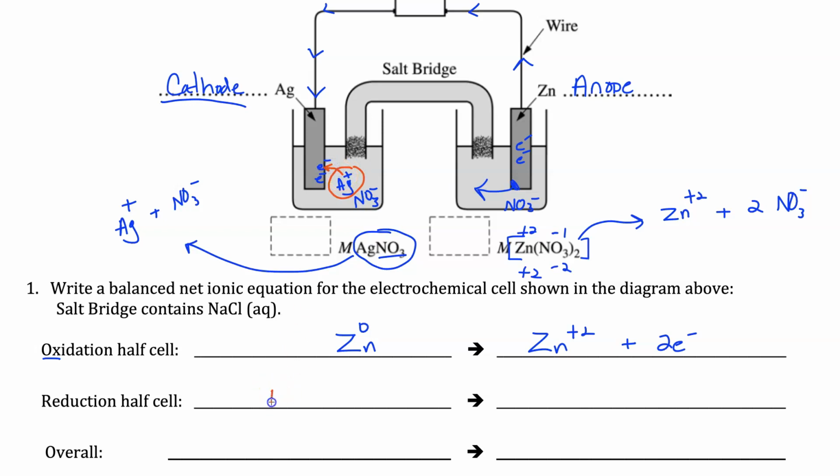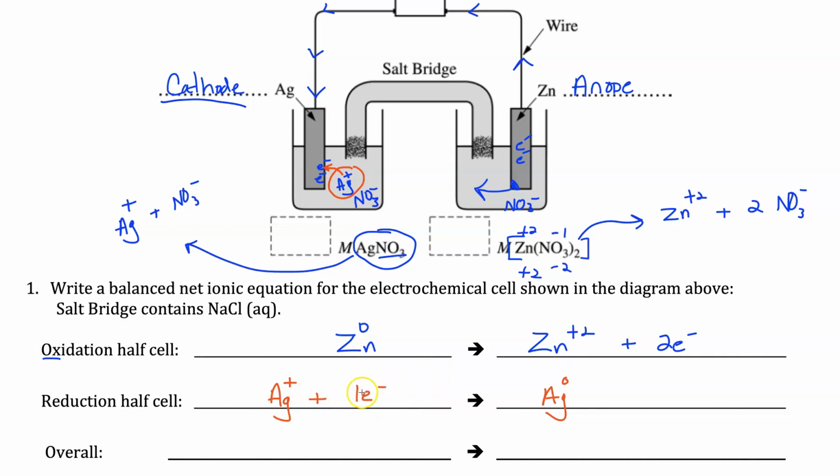So what happens is silver plus, Ag plus aqueous, all these metal ions are aqueous, is going to gain an electron. Now, why one electron? Because it's plus 1. And it's going to make silver 0. And so it's going to gain enough electrons. You say, well, how do I know it makes silver 0?